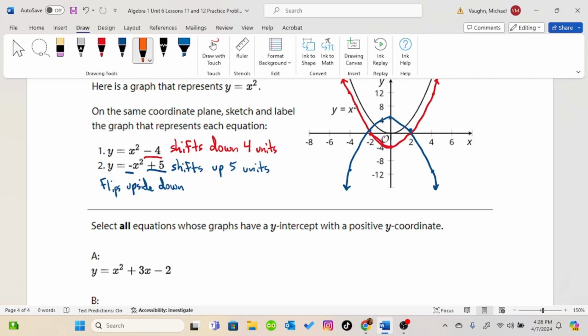So, remember, a negative in front of the equation flips upside down.